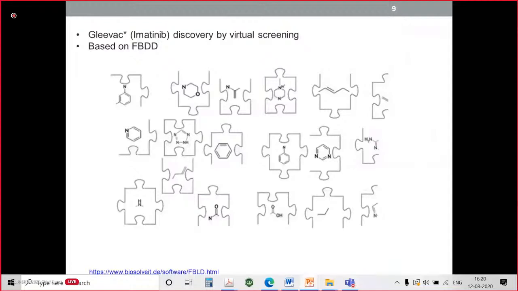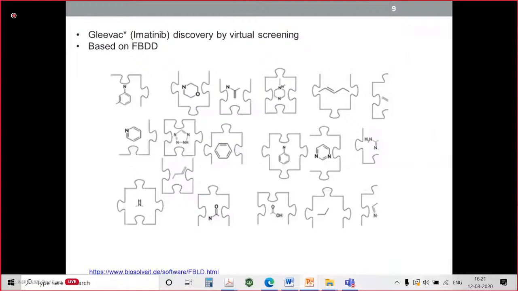In fragment-based drug design, a library of fragments is identified for a particular target, and those fragments are optimized later on. You have a lot of molecules as fragments in a library. Among them, generally a molecule with low affinity or low efficacy will be selected first.